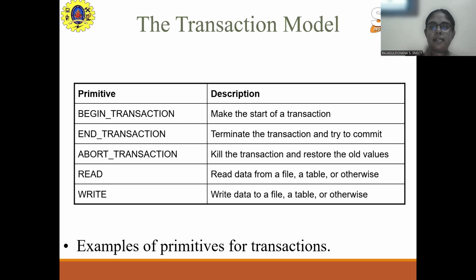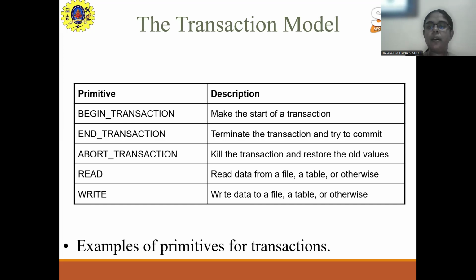Here is an example transaction model. Each transaction has a begin transaction to mark the beginning, and an end transaction to mark the end or terminate the transaction. When the transaction is terminated, it means the entire transaction has been committed. End transaction is different from abort transaction. Abort transaction means we are killing the transaction.